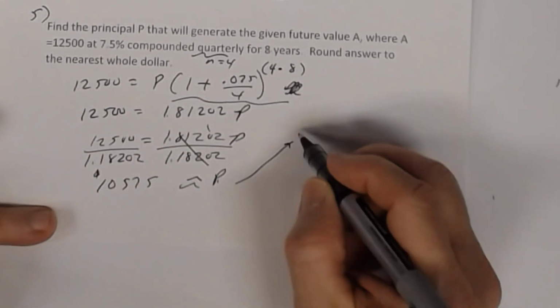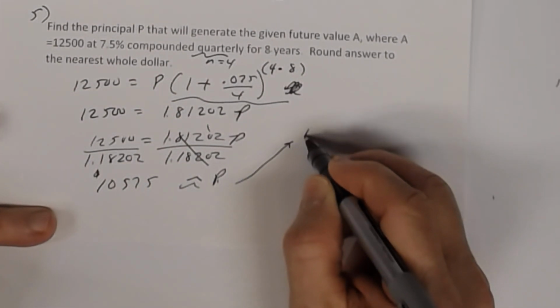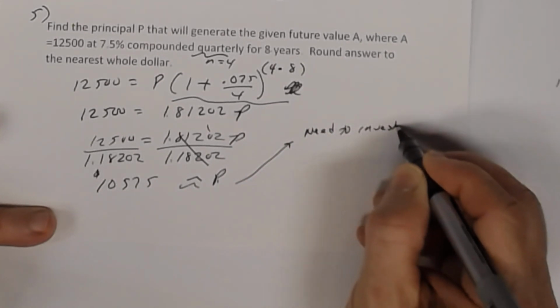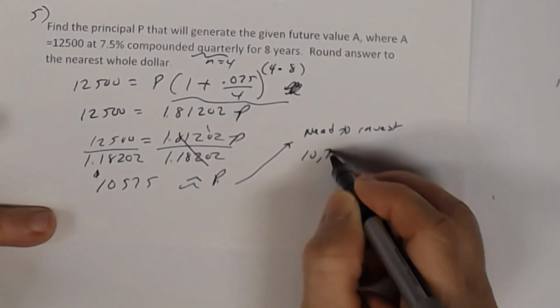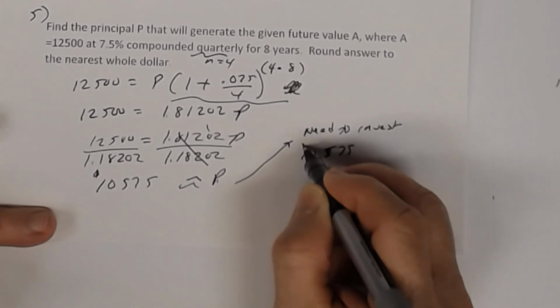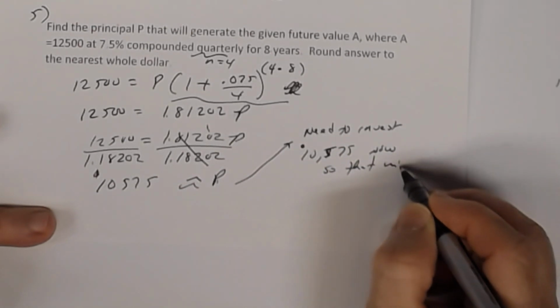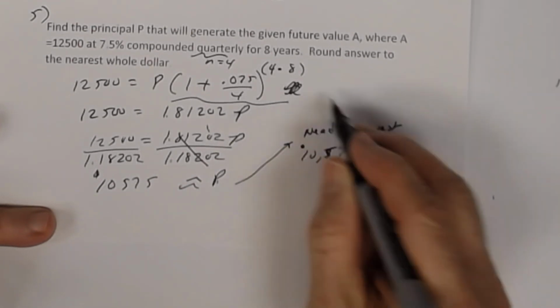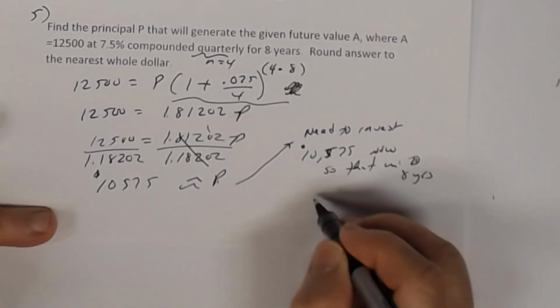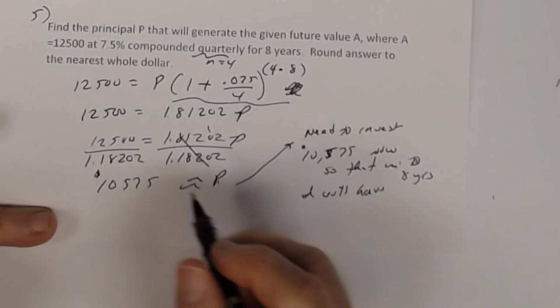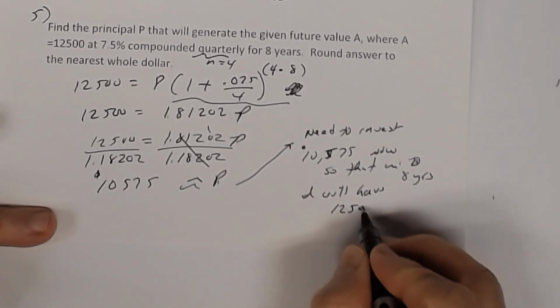So remember that means that I need to invest $10,575 now, so that in 8 years I will have $12,500. That's what you just found.